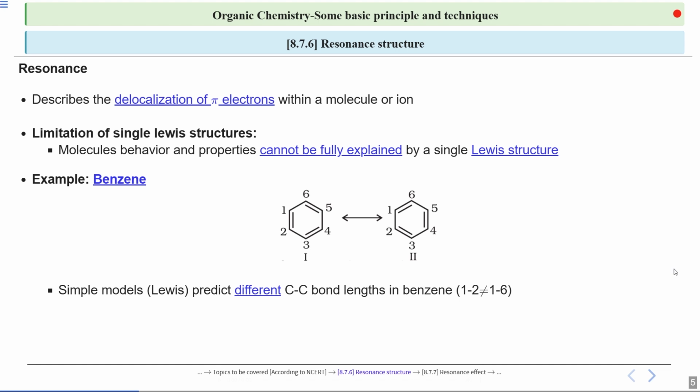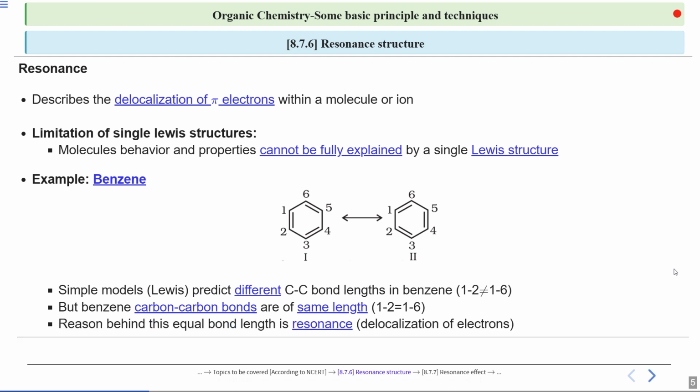According to these two structures, it is obvious that the C1-C2 bond and the C1-C6 bond will be of different lengths. But in reality, it was seen that in case of benzene, all bonds between carbons are of the same length. So this was quite striking. To explain this, we introduced the term resonance.